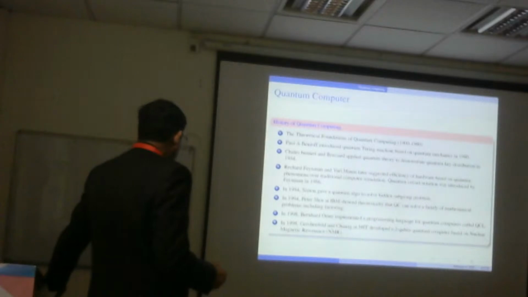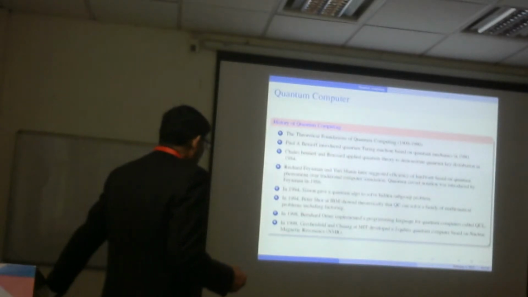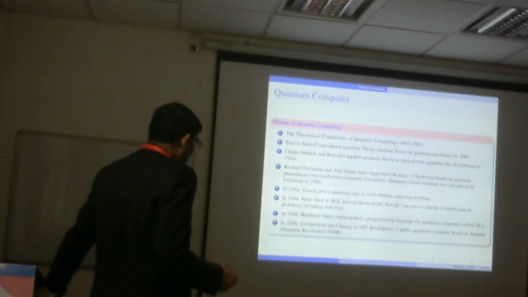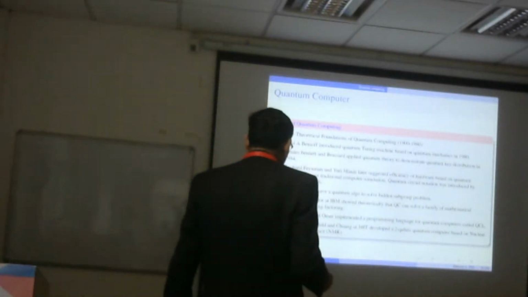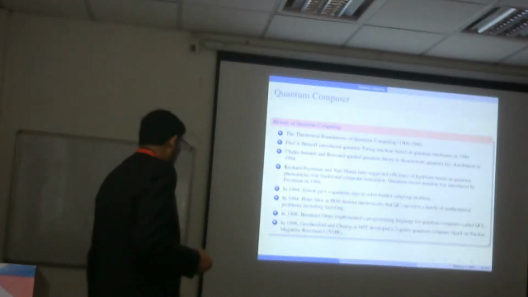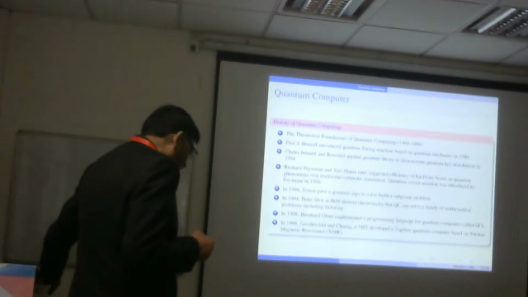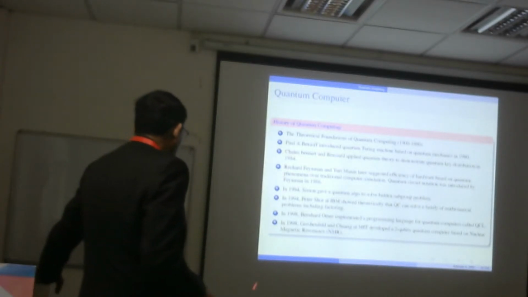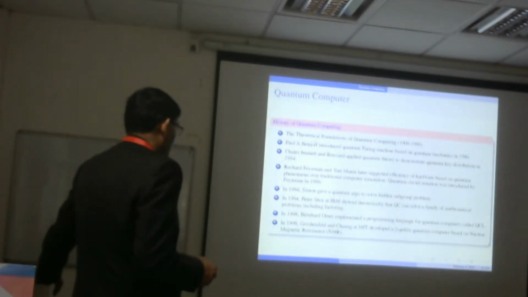Then in 1994, Peter Shor gave a quantum algorithm for the hidden subgroup problem, and introduced the use of the quantum computer for solving the factorization problem. This is the most important part, because the RSA cryptosystem is based on factorization, and in 1994 he showed this theoretically.